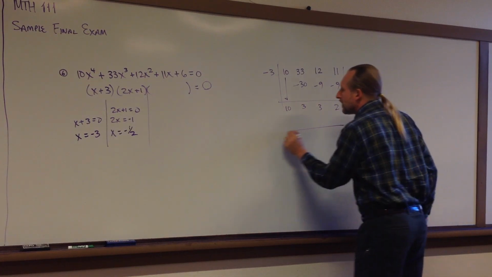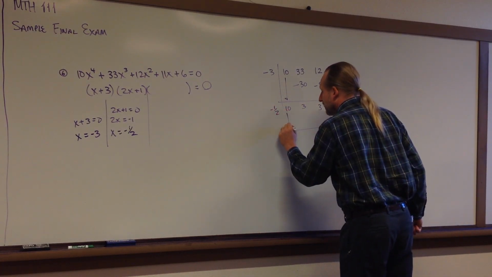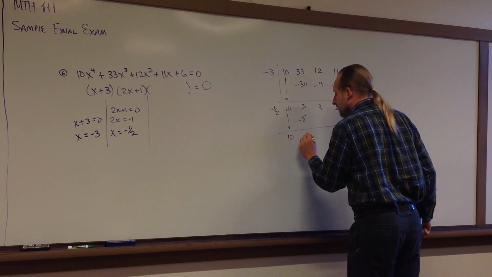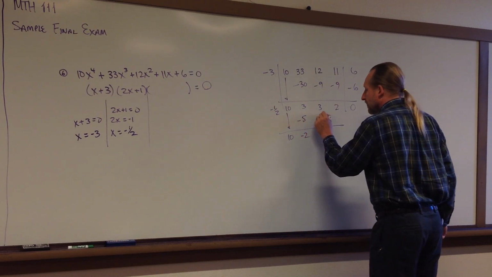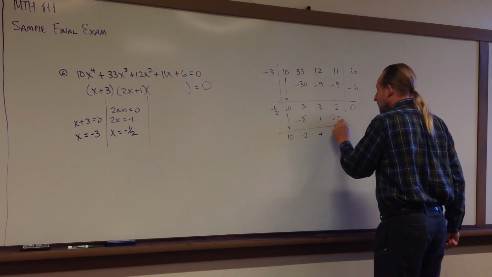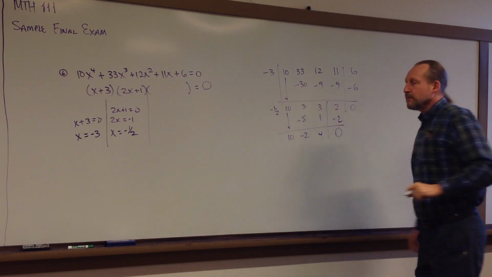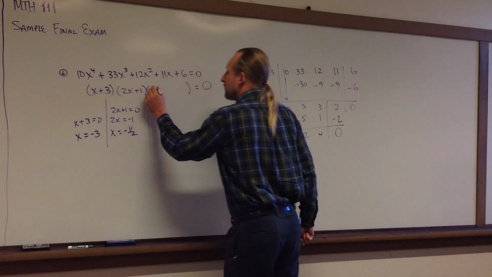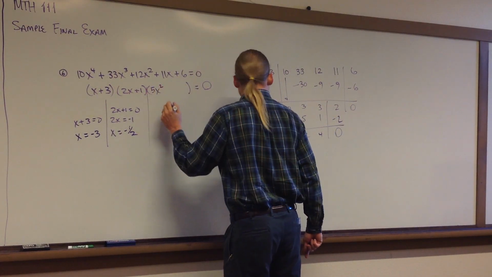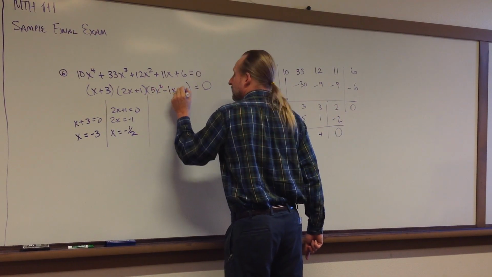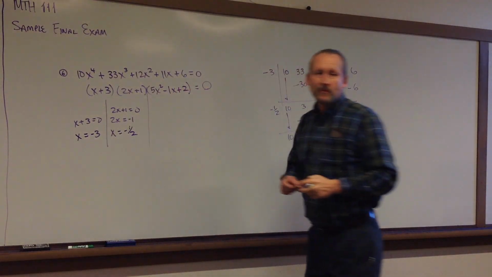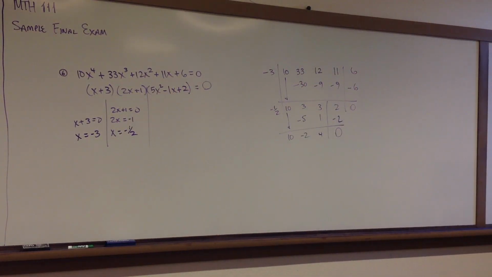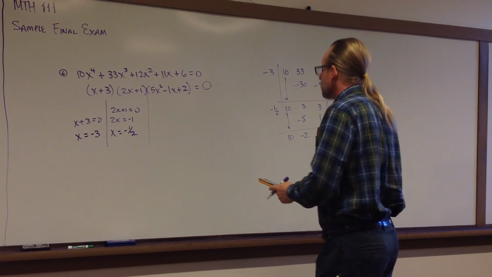And then I'll put the -1/2 here. -2, +1, -2, and again, 0 remainder. Then we'll pull a common factor of 2 out of here. So this will be 5x squared minus 1x plus 2. And let's run that through the quadratic and find out what our complex roots are.